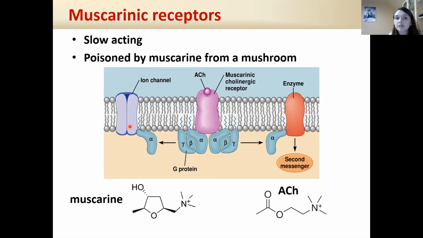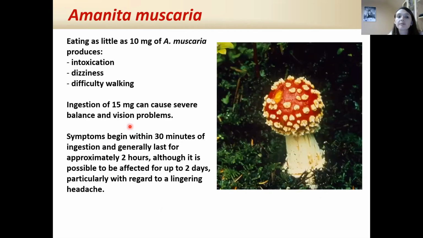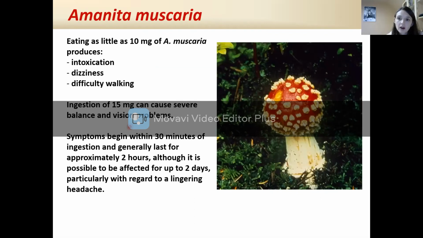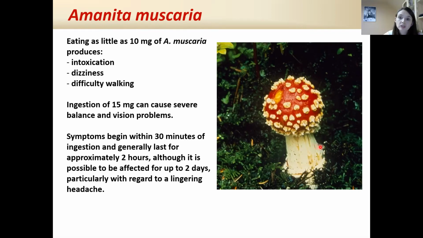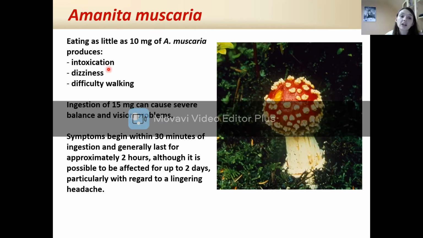Why were these receptors named muscarinic? Because a structure like muscarine, found in the mushroom Amanita muscaria, also binds to these receptors, and due to the binding it will lead to symptoms like intoxication, dizziness, difficulty walking.